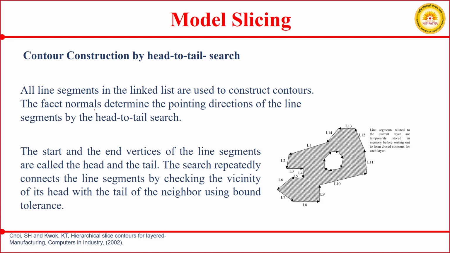The facet normals determine the pointing direction of the line segment by the head and tail search method. So the head to tail search method is used to construct a contour.